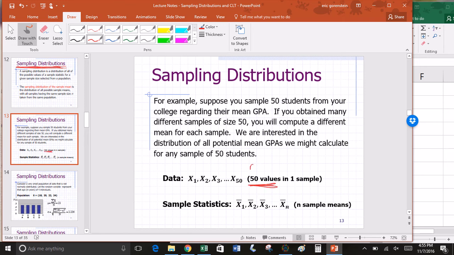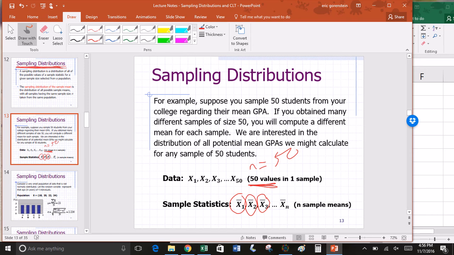Right, so sample size equals 50. If we resample over and over, we take the first sample, we get the first sample mean. We take the second sample, we get the second sample mean. Third sample mean, and so on. So every time we resample, we recalculate the sample statistics.